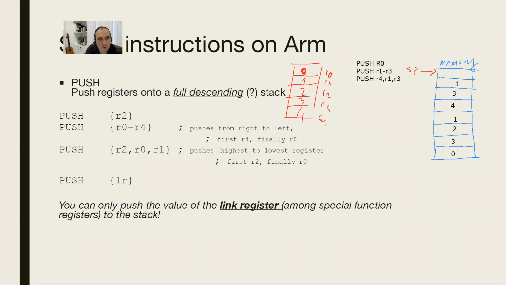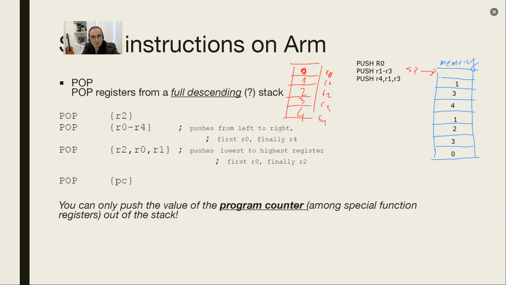Okay, I'm going to continue with the next slide because it will show us the pop operation. Pop is the exact opposite. It reads from the memory into the registers, but it also changes the location of the stack pointer. For example, if you say pop R2, it will get the topmost value of the stack, write it to R2, and move the stack pointer down.